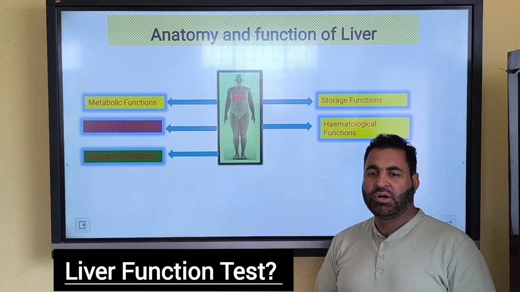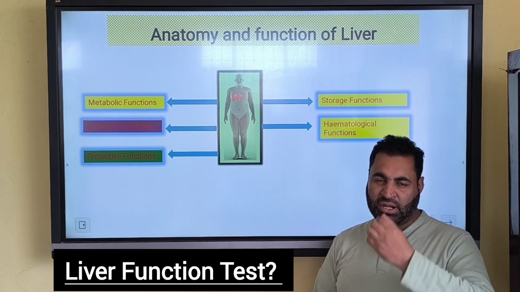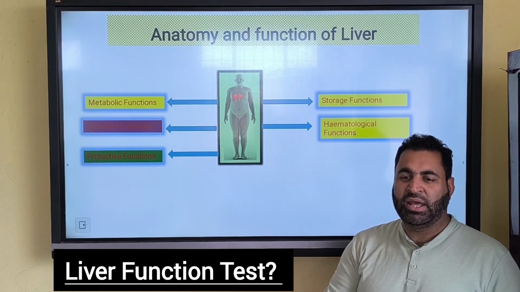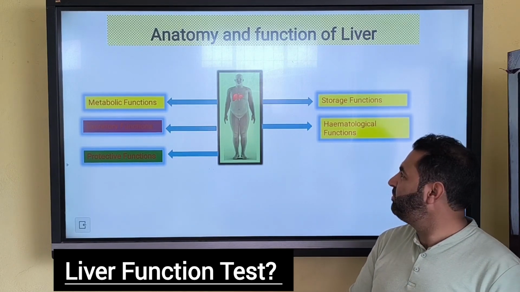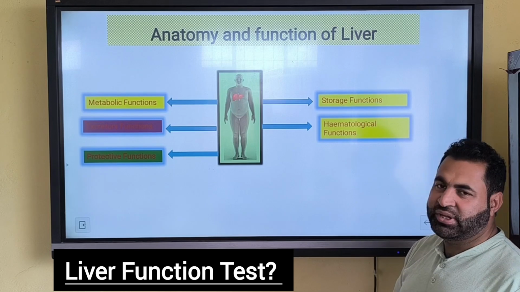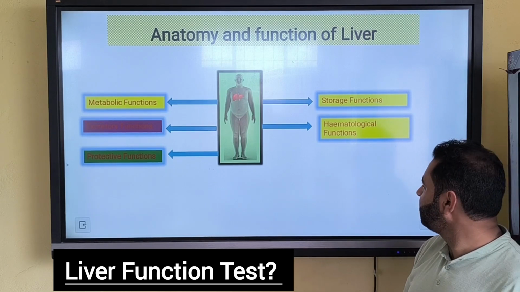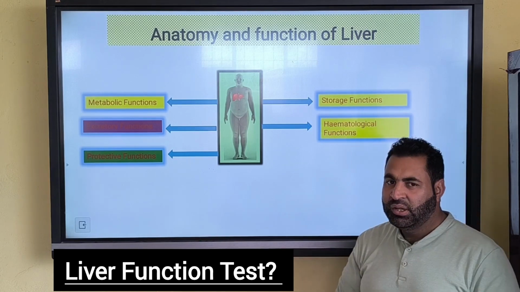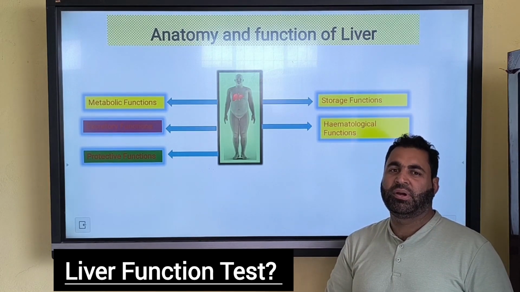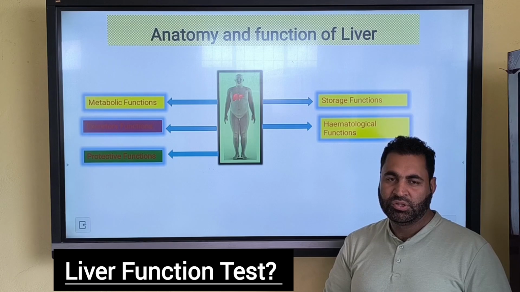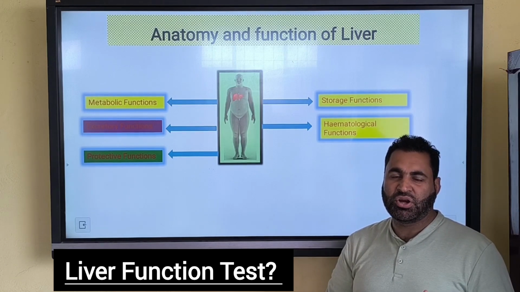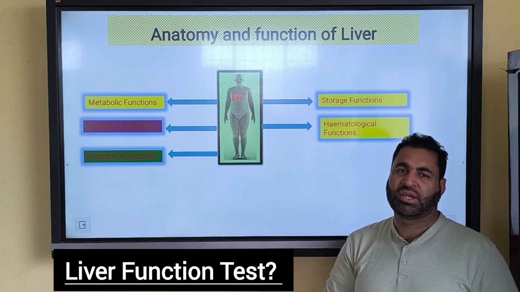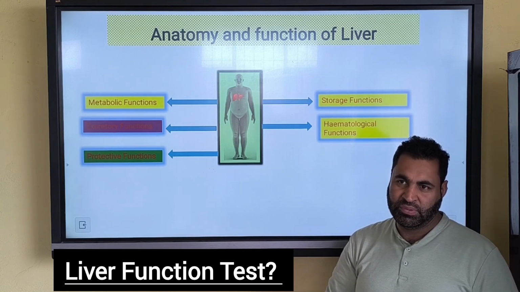The liver also has protective functions. There are Kupffer cells present in the liver, which help in engulfing different bacteria, antigens or foreign things. The liver also has storage functions. It helps in the storage of glycogen, so it acts as a reservoir of our energy, glucose molecules in the form of glycogen.